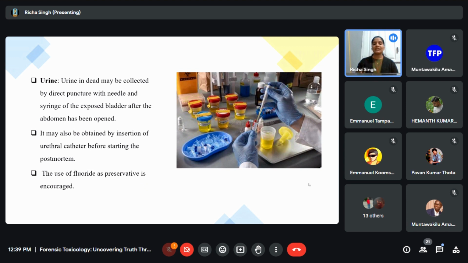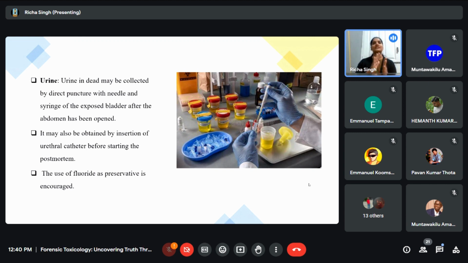The major samples that we always get in a suspected poisoning are urine and blood. Now, why do we always need urine as our sample? Because, as we know, the liver is the major organ where the metabolism of any poison, food or drug takes place.